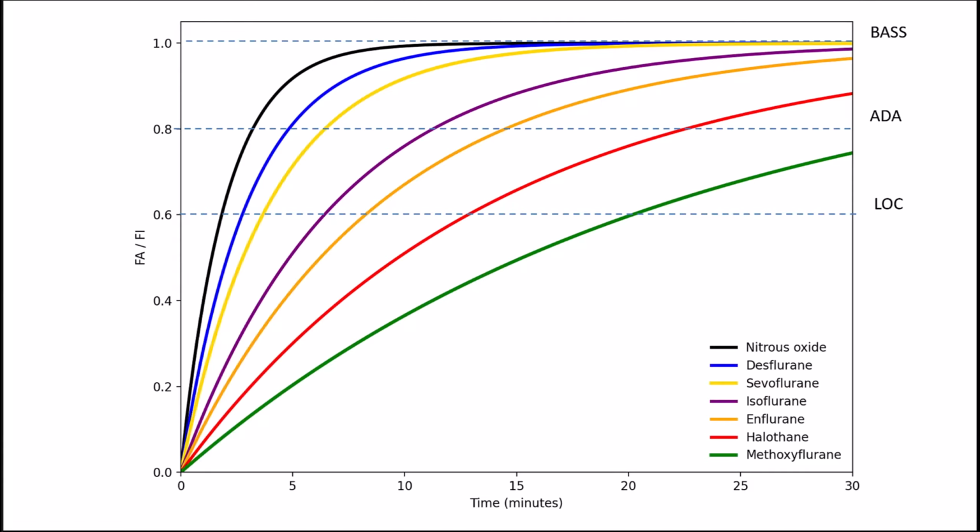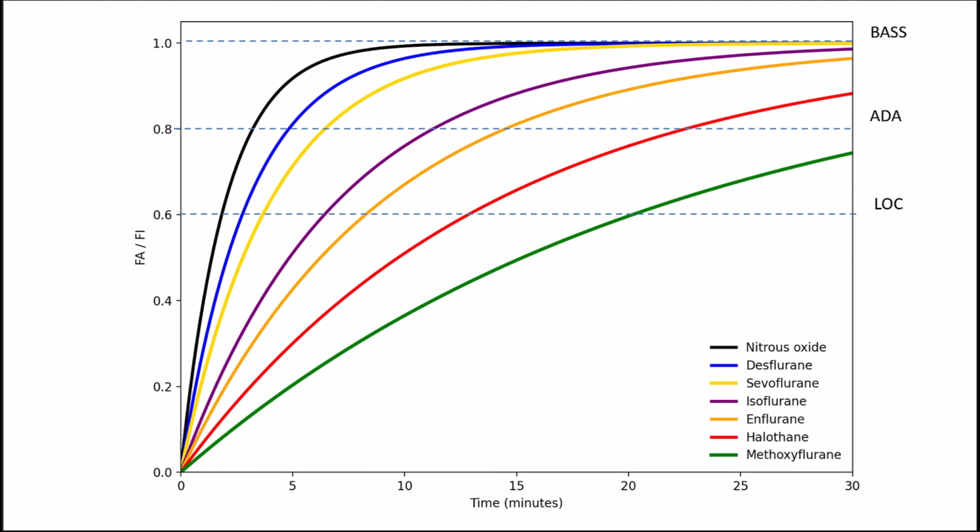At 0.8, we have adequate depth of anesthesia, and at 1, we have something that I will discuss later in this tutorial, brain alveolar steady state. The agents are color-coded. Methoxyflurane is green, halothane red, enflurane orange, isoflurane purple, sevoflurane yellow, desflurane blue, nitrous oxide black.